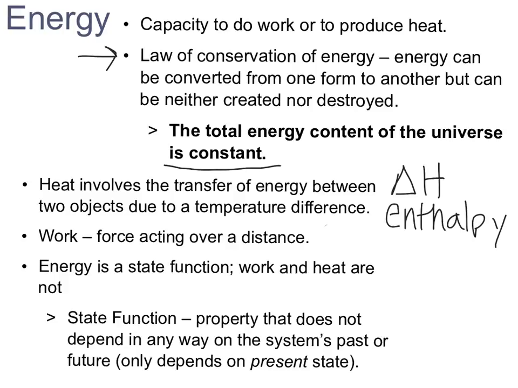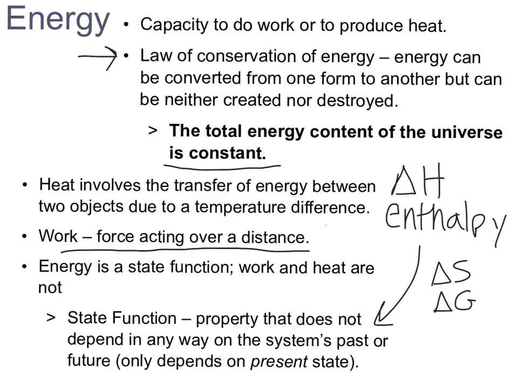We're also going to take a look at work. Our chemical systems can actually do work, and we'll focus on that. But one of the most important concepts is the idea that enthalpy, as well as entropy and free energy, are something called state functions. A state function is a property that does not depend in any way on the system's past or future.